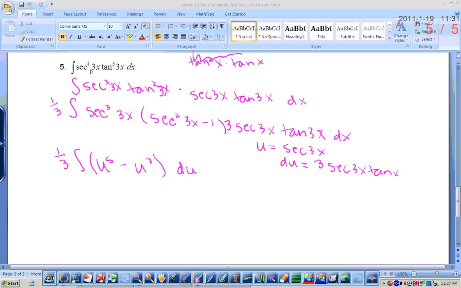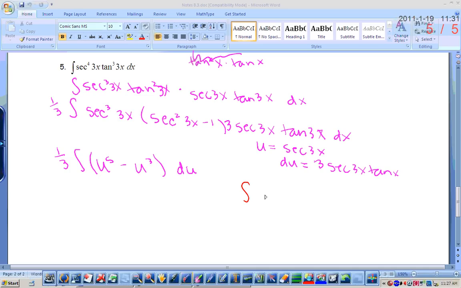We could have reserved a secant squared, because what's the derivative of tangent? Okay, yeah. See, I figured it was a 50-50 chance of someone coming up with reserving a secant tan or reserving a secant squared.